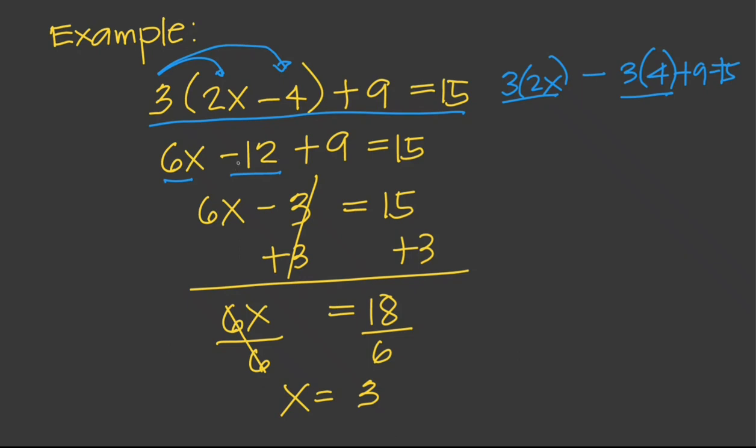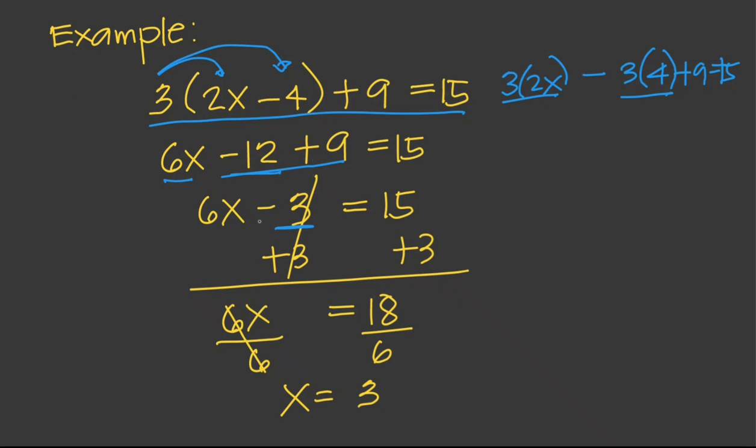By simplifying this, we get 6x, and then 3 times 4 is 12, so minus 12 plus 9 equals 15. Then we group like terms. We can just add up negative 12 and 9, which is equal to negative 3. So we are left with the equation 6x minus 3 equals 15. We can use the inverse operation.